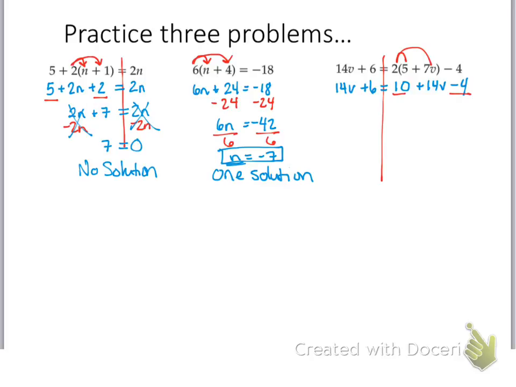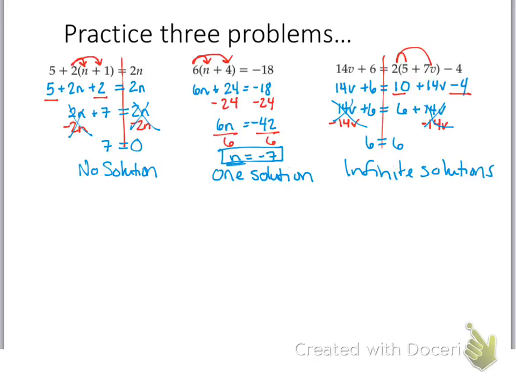I've got 10 and negative 4 that can be combined. That gives me 14v plus 6 equals 6 plus 14v. Move all variables to one side. That gives me 6 equals 6. The variables have disappeared. That gives me the solution, infinite solutions.